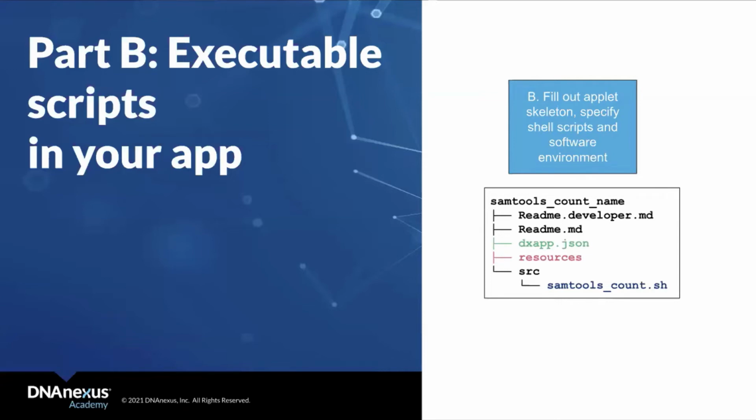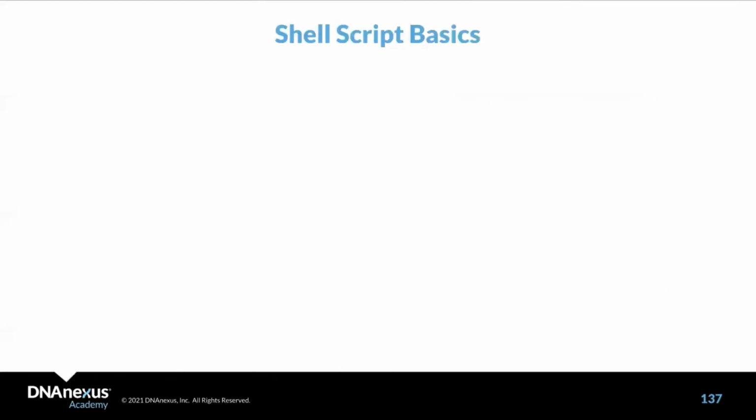So far we were covering how you are creating your applet using the wizard. And now we will be looking at what the executable scripts are, and what parts of them need to be there.